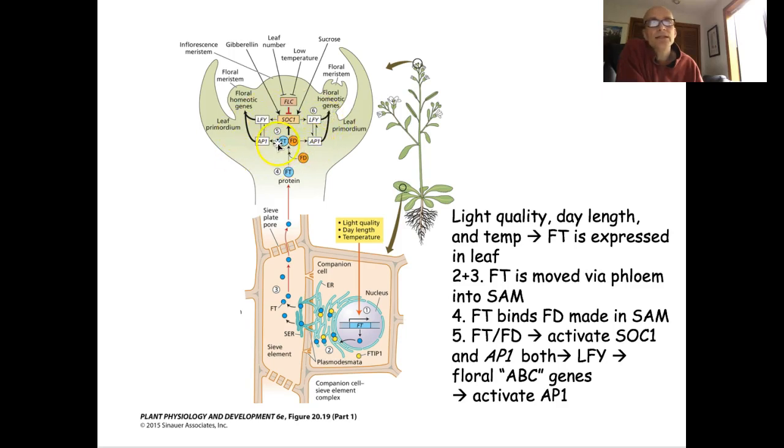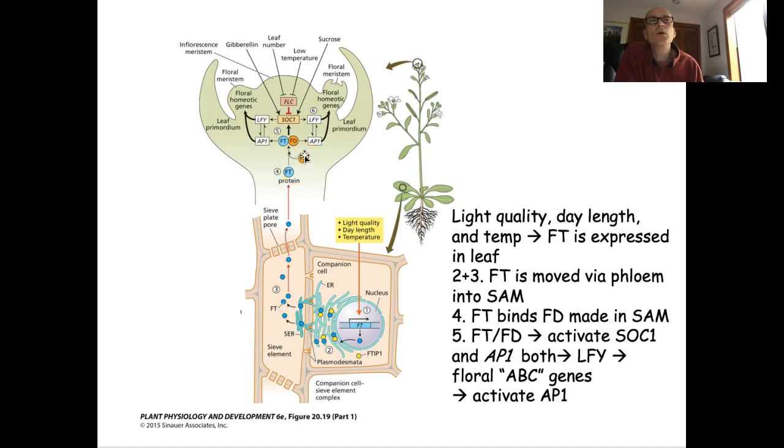But there's a set of genes in between that activate these floral homeotic genes, so I want to spend a little bit of time discussing those with you. You see here that FT protein is transported into the apical meristem, and there it interacts with another floral activation gene.